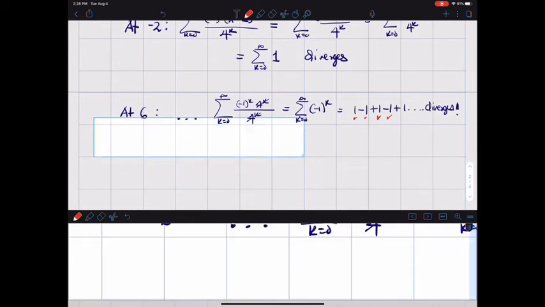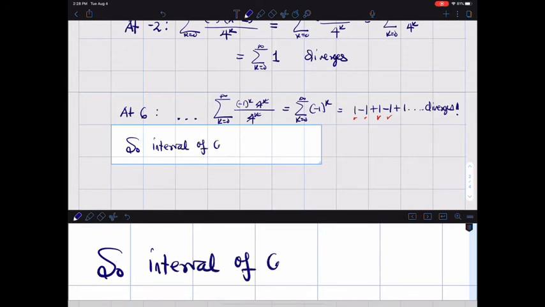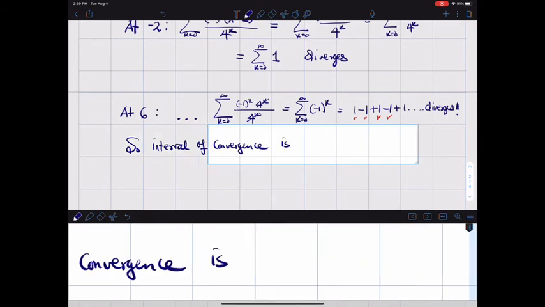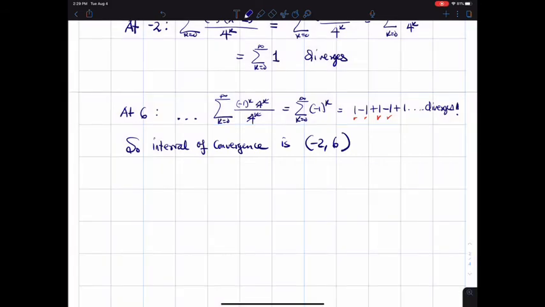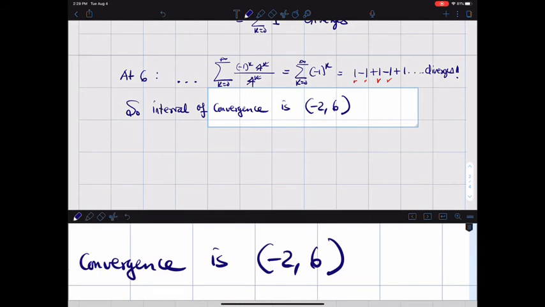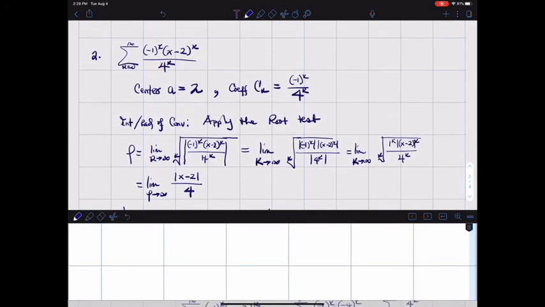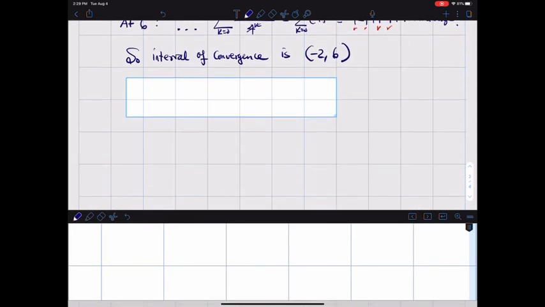So our interval of convergence is -2 to 6. Now we're left with the radius of convergence. That's quite easy to do. What is the center? Our center is 2. Now let's look at this interval of convergence.